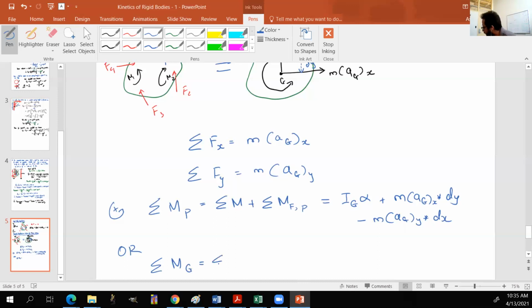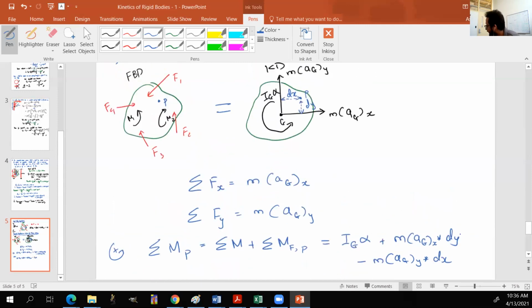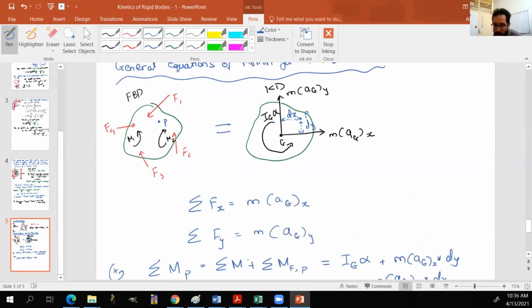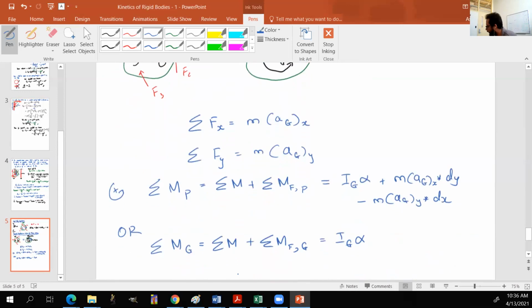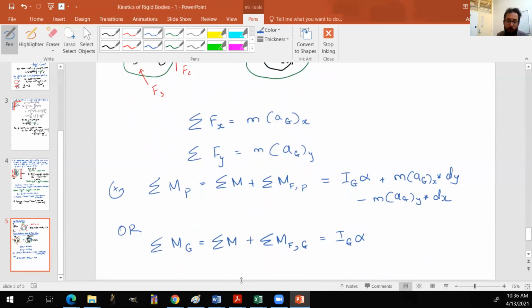Then you have to worry about, from a free body diagram, the sum of all the moments plus the moments due to all of the forces about the point G. And that is just equal to Ig alpha now, because magx and magy pass through the point G. So you don't need to worry about the resulting moments due to those translations.